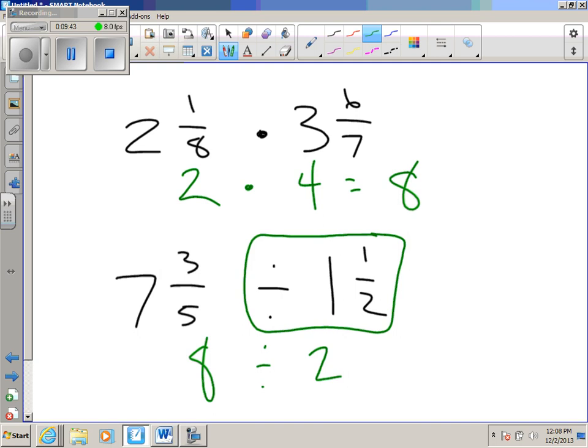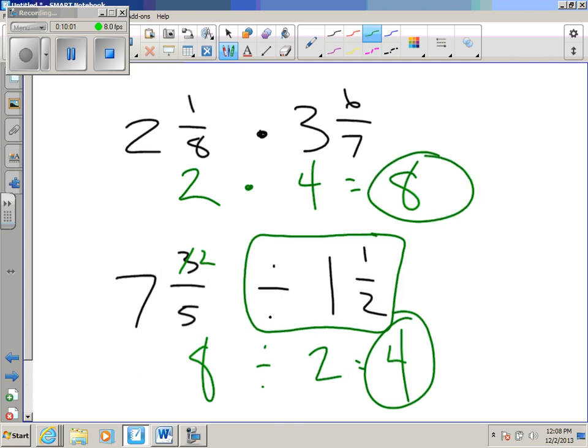Now 7 3/5, if you round it the way you're supposed to round it, is going to round to be 8. But if it didn't, say this was 7 2/5, you'd say, oh, 7 isn't divisible by 2. What number closest to 7 would be divisible by 2? You might say 8, and you might just adjust it anyway. But that's why I recommend do this one first. Usually they work out, but in the event that they don't, either you didn't round this correctly, or they're messing with you.